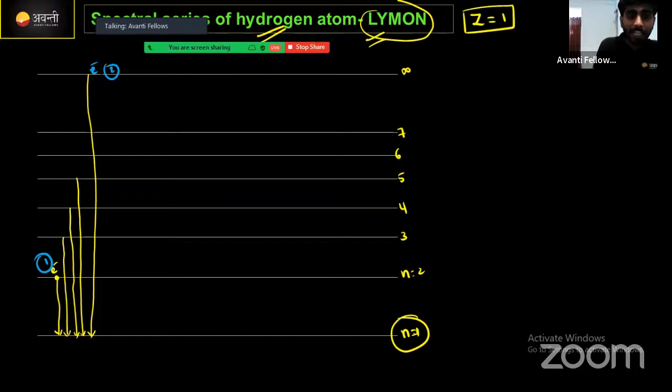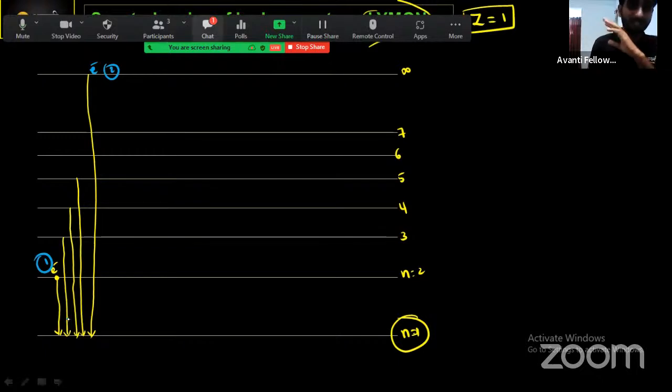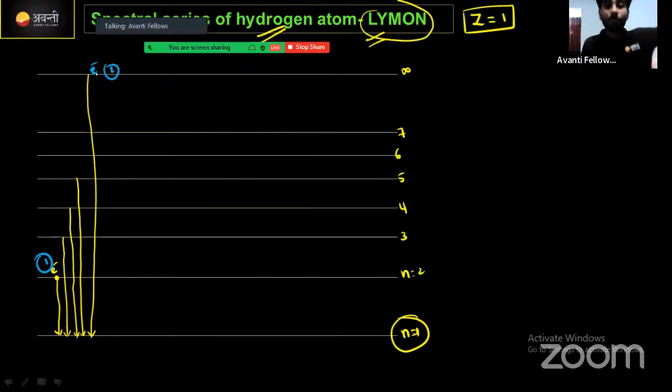Second scenario is that the electron jumps from infinity to the ground state. In these two cases, in which is the energy highest? Let me know. Because the electron jumps from infinity to the lower energy state, it has the highest energy. But if the electron jumps from second to the ground state, it has a low energy.